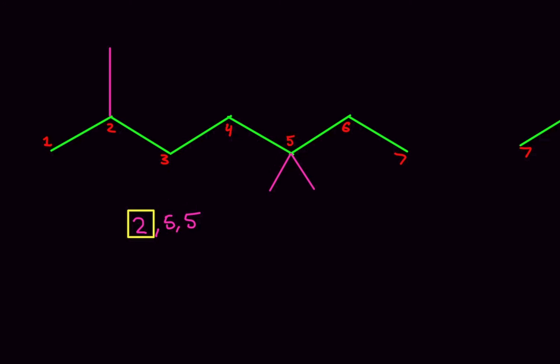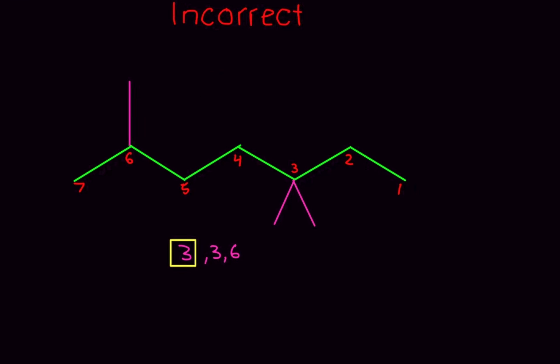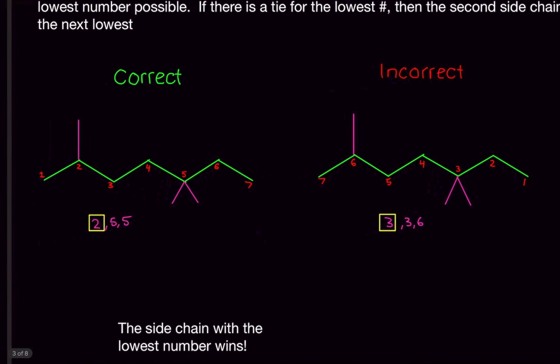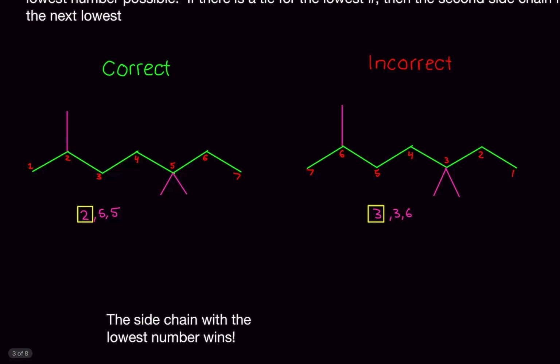The lowest number is 2 in this configuration. If you were to number it from highest to lowest, from left to right, the lowest number is 3 here. Even though there are two 3s, it doesn't matter. The lowest one wins. No matter what it is, the lowest one will win.